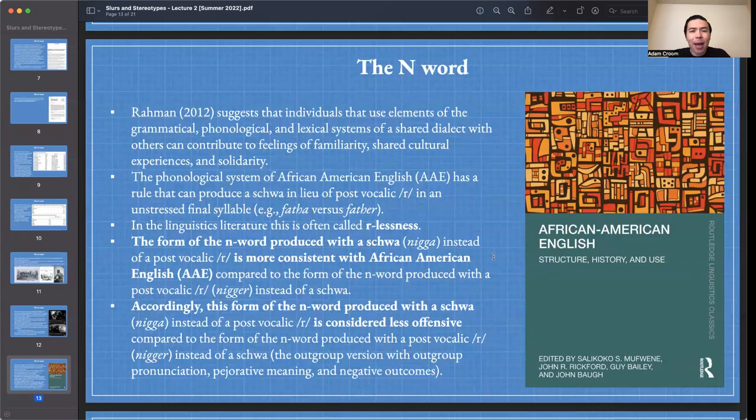Rahman suggests that individuals who use elements of the grammatical, phonological, and lexical systems of a shared dialect with others can contribute to feelings of familiarity, shared cultural experiences, and solidarity. Okay, so language is not just about communicating facts and information, like in a scientific manner, but it's also to express in-groupness, right?